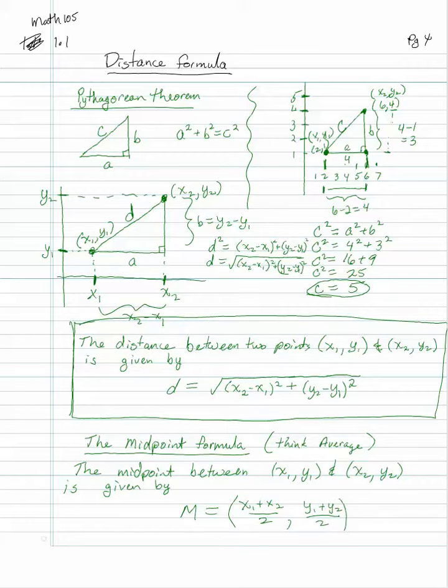The y coordinates are 1 and 4, so 1 plus 4 is 5, divided by 2. It's 5 halves, or 2.5. So the midpoint would be 4, 2.5, which would be right about there. Alright, so easy enough.